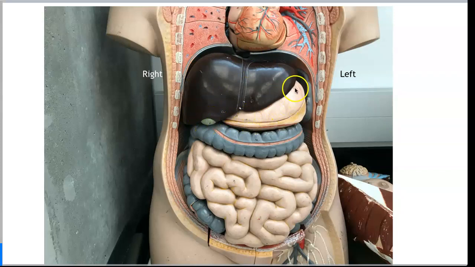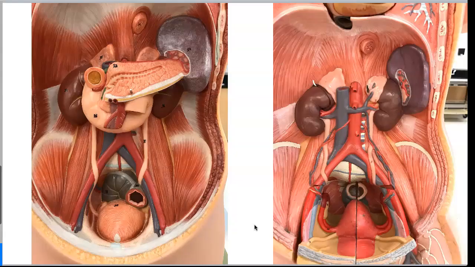Here is the stomach. Here is the spleen over in this corner. Here is the large intestines. All this gray stuff is the large intestines. And this is all the small intestines. If we remove the liver and the stomach, you can see the spleen better.